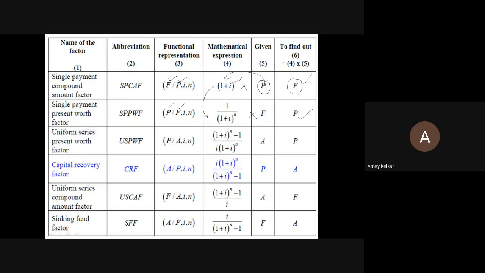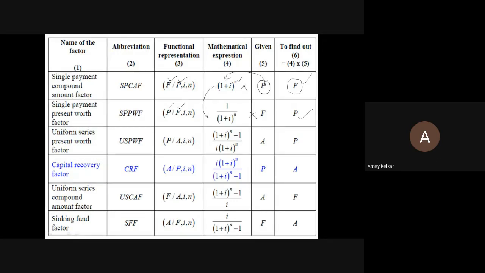So that becomes capital recovery factor. You are recovering the amount which you have already used. You have already got the fridge in your home, you have started to use it, but still you have not paid the entire amount. You are paying that amount part by part in the form of annuity. So here in this case, present is known, you want to find out annuity.